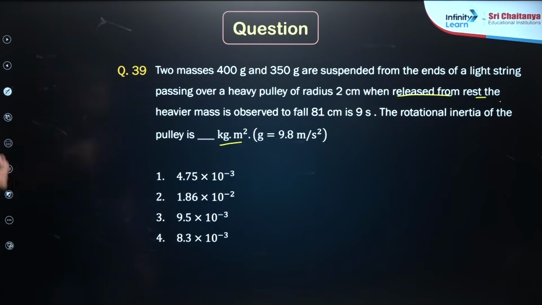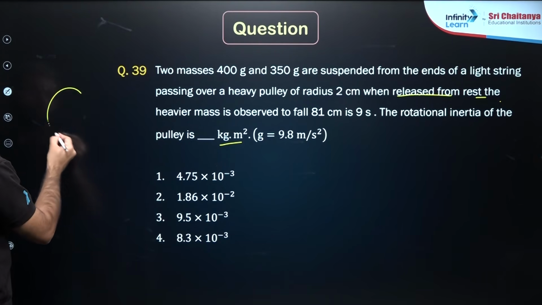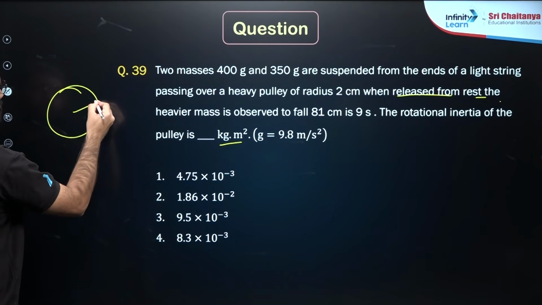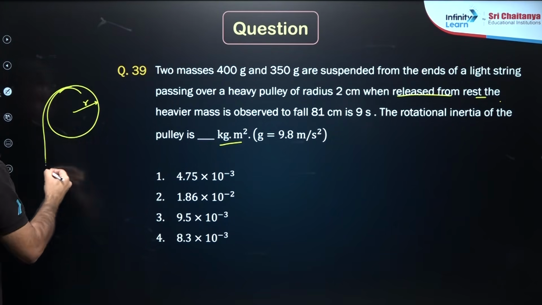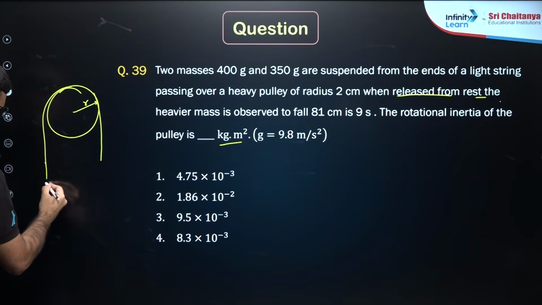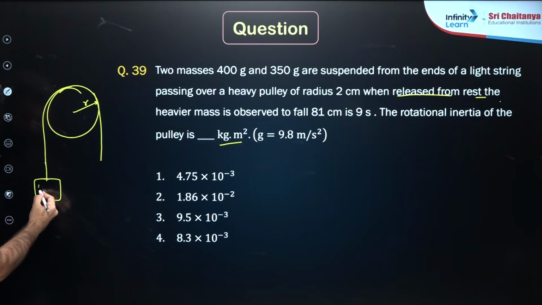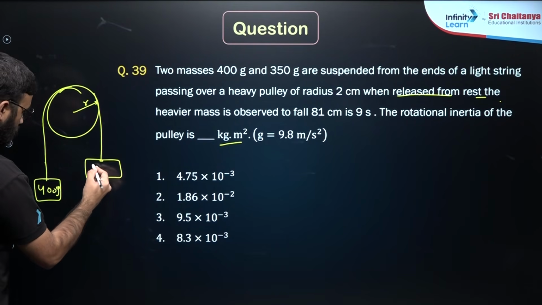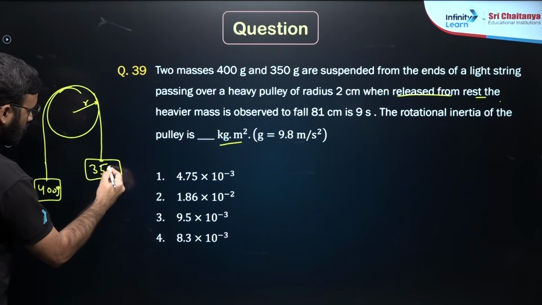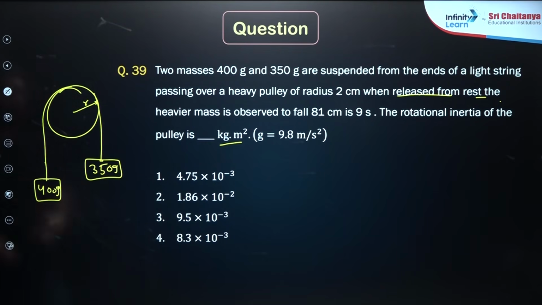So beta, I am making the diagram here. This is my pulley and its radius is R, and the two masses are connected, 350 gram. So this is my pulley system.